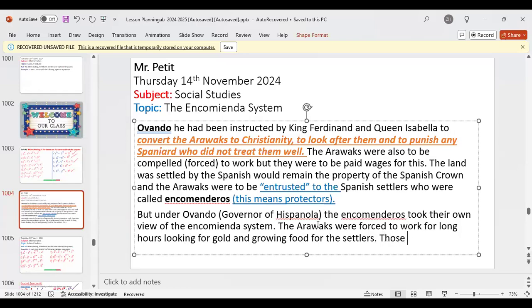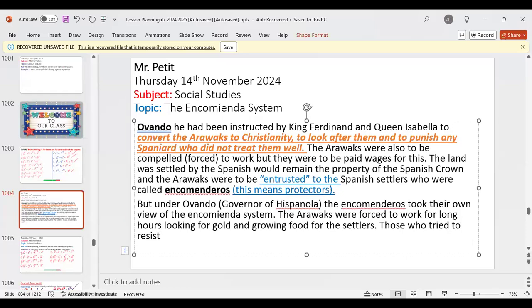Those who tried to resist, what happened to them? They got beaten with steel fragments. They were hunted down like animals, because remember, they had their dogs and everything.